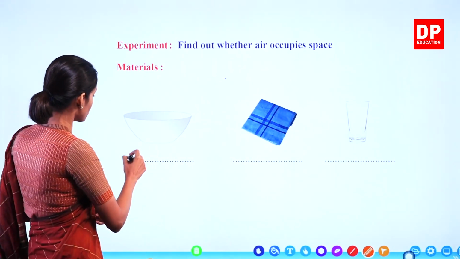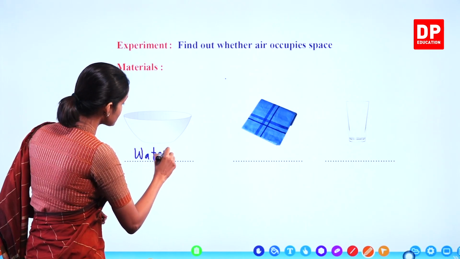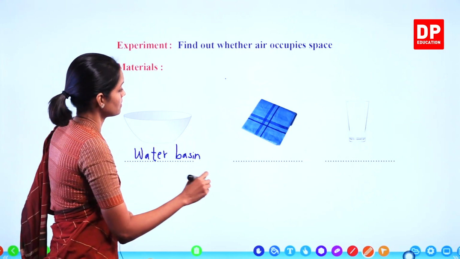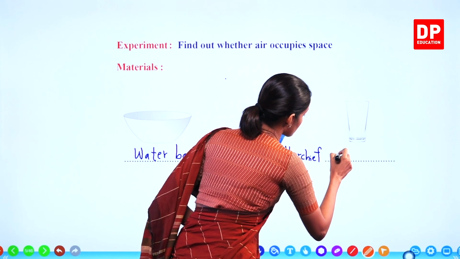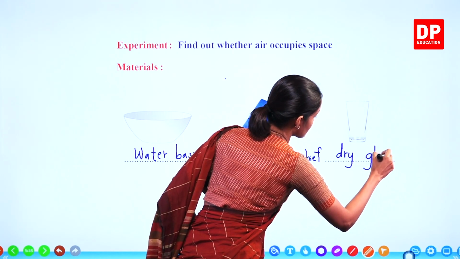We will write down water basin, dry handkerchief, and dry glass.